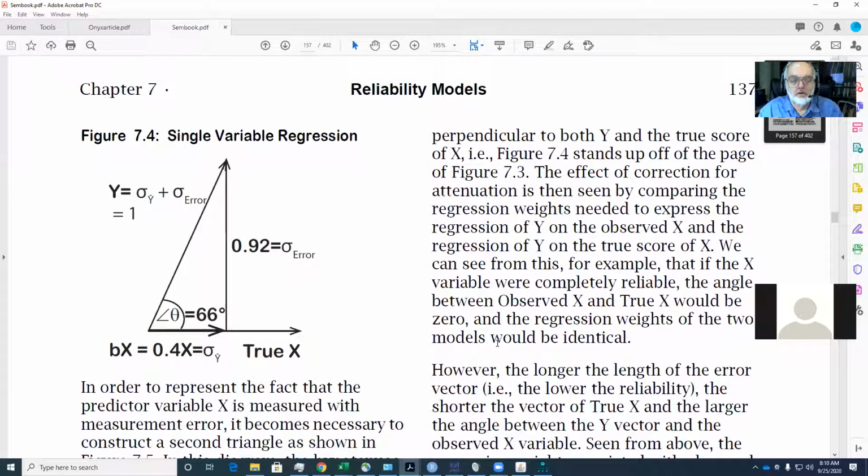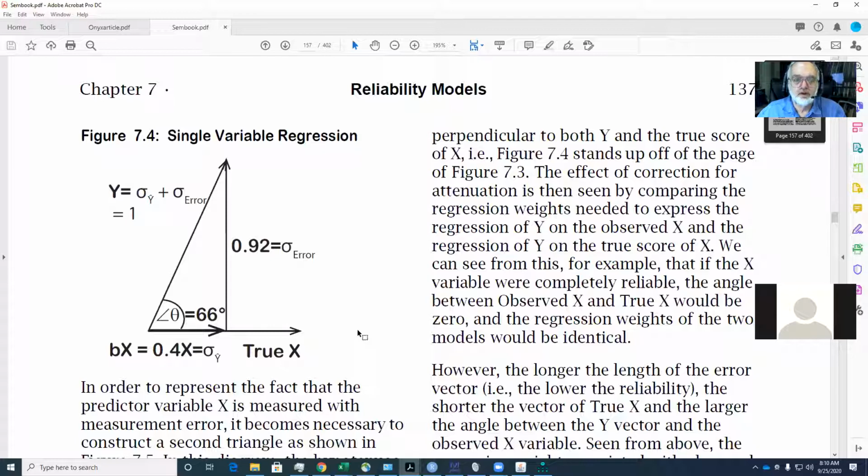So when I have an X variable that has measurement error in it, I'm going to be talking about a vector that's shorter. So unadjusted for measurement error, the length of this line might not be 1. The length of this line might be something larger. It might go all the way over to here.